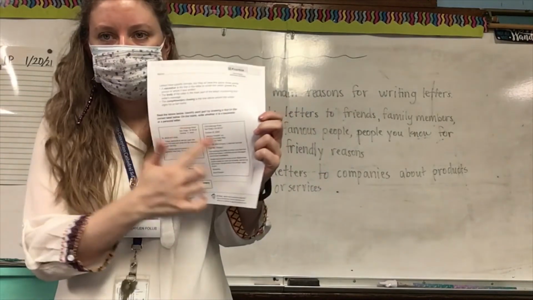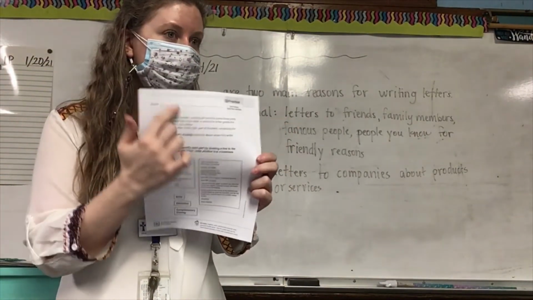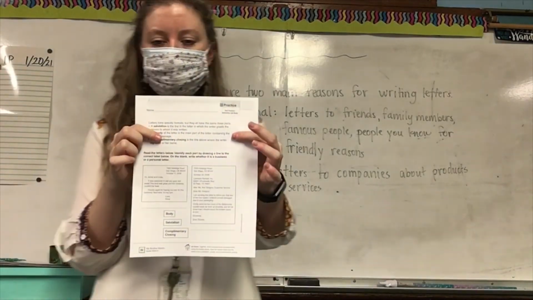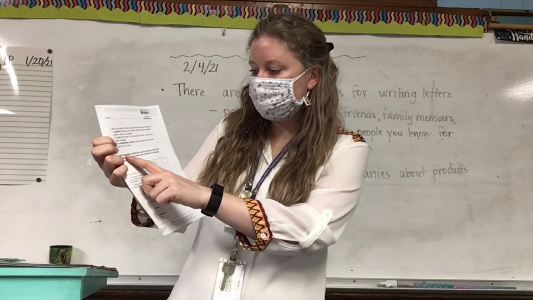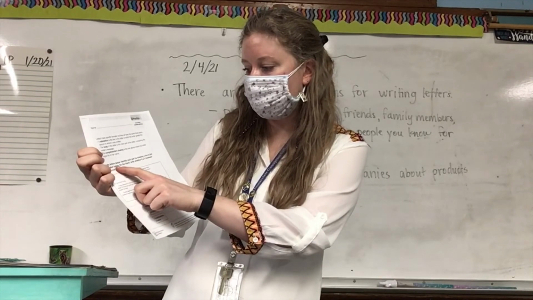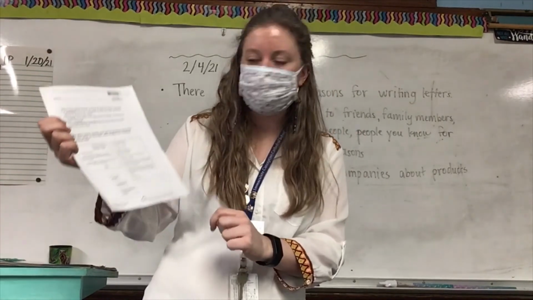On the front, we have two examples of a letter. We have all of the vocab words we talked about today, so make sure you read that box. Not vocab, notes, some of it. And then the directions say, read the letters below, identify each part by drawing a line to the correct label below. On the blank, write whether it is a business or a personal letter.